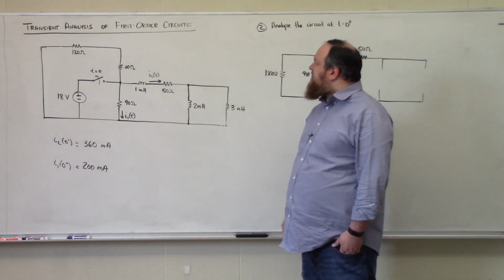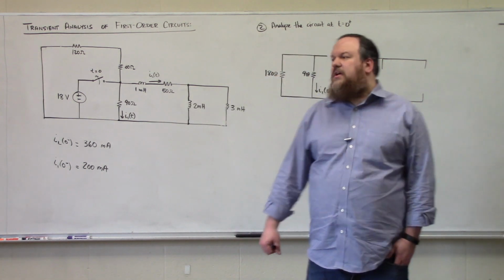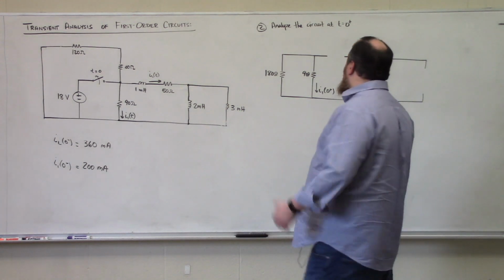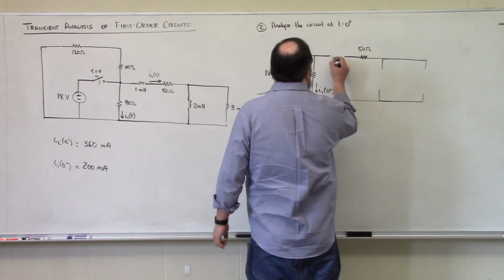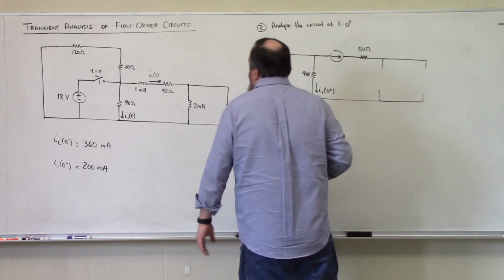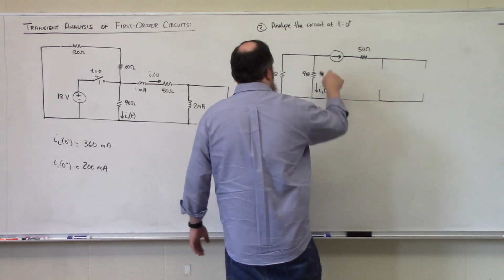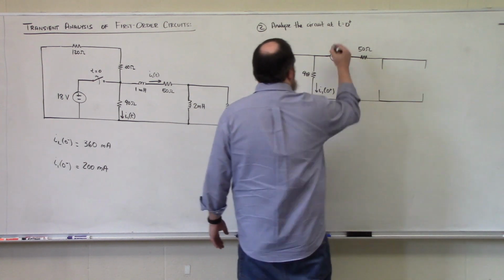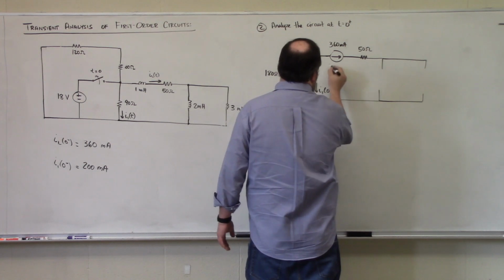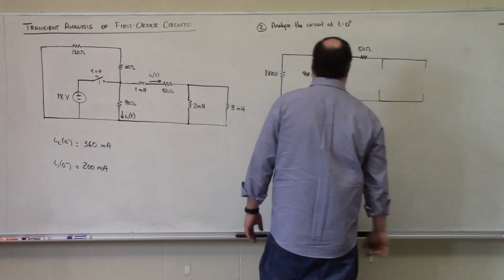So I'm going to replace the 1 millihenry inductor with a current source because it has a fixed amount of current flowing through it at this particular instant in time, and the voltage drop over it will be whatever it needs to be to have 360 milliamps flowing through it. The direction of IL of t is to the right, so the direction of my current source is to the right, and here is 360 milliamps, and this is IL at 0 plus.